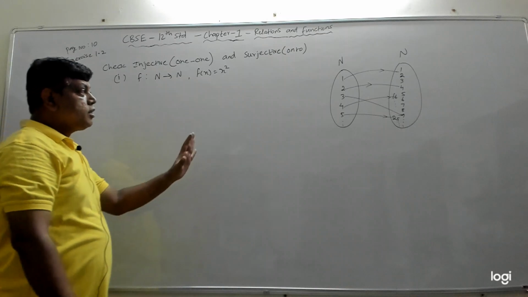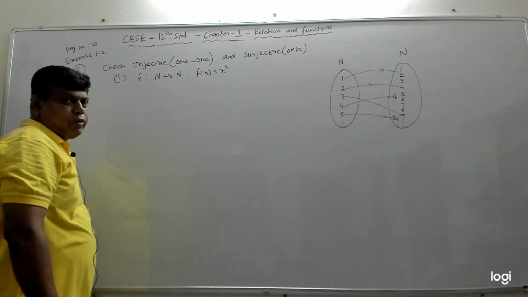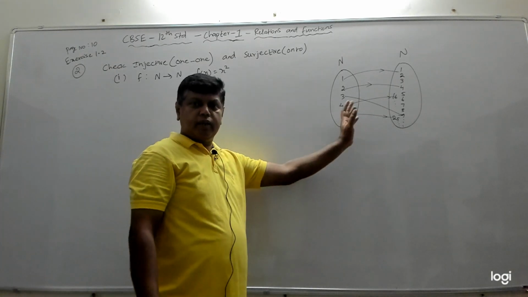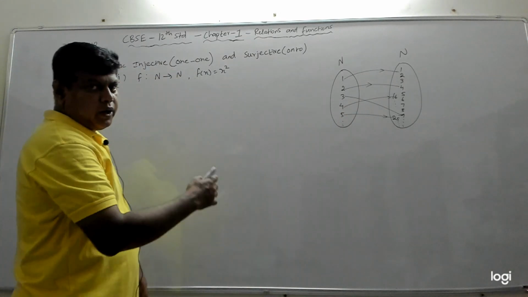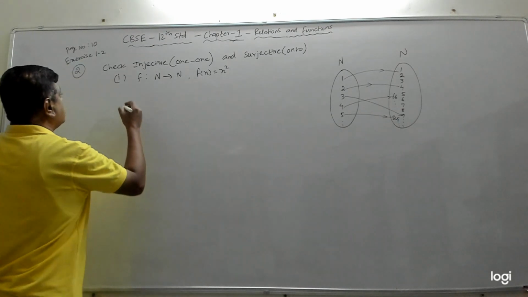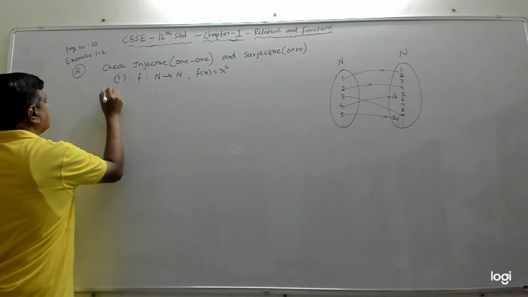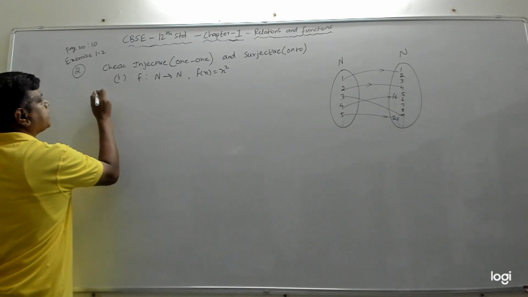Right? We have to check whether this function is injective and surjective. Now looking at the arrow diagram, it looks like it is one-to-one. We'll try to prove that it is. So for one-to-one, how do we check?